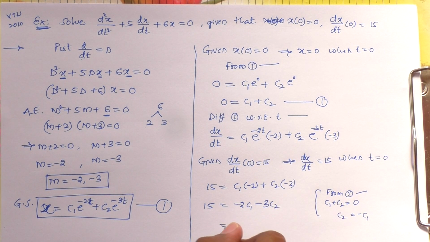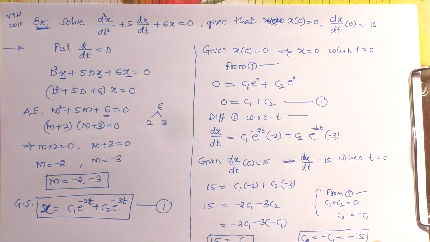Substitute here: -2c1 - 3 into c2, which is -c1. So -3 into -c1 plus 3c1 - 2c2 will be c1 value 15. Similarly, we know that c2 is -c1, so c2 is -15.